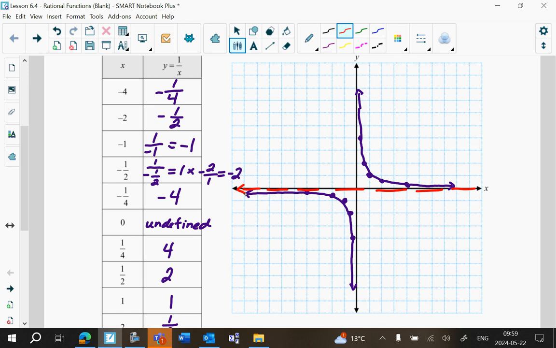Dashed line here, because our curves will never touch it or cross it. And there's special names for those lines that we'll talk about in a second. But this is what y equals 1 over x looks like. A very different looking graph.